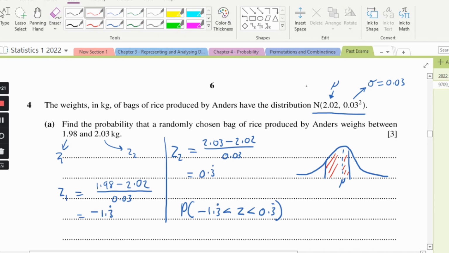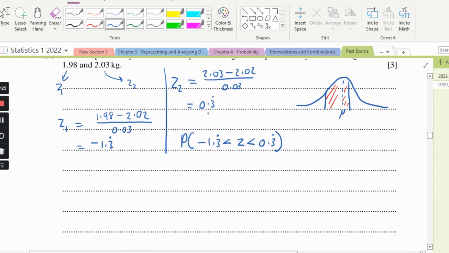Okay, so we're wanting all of that. Now, the next step is to write that in terms of phi. So how do we get everything under 0.3? Well, that would be phi. So this is equal to phi 0.333 take away.